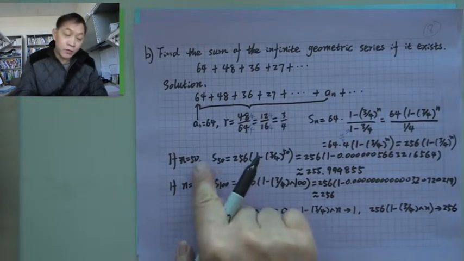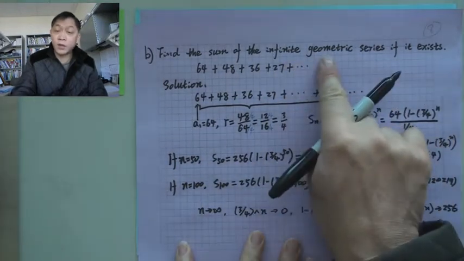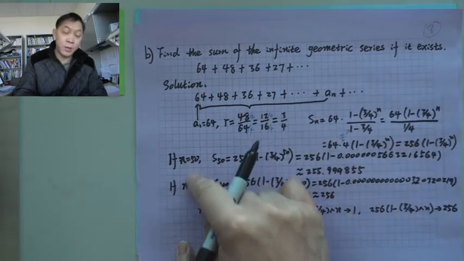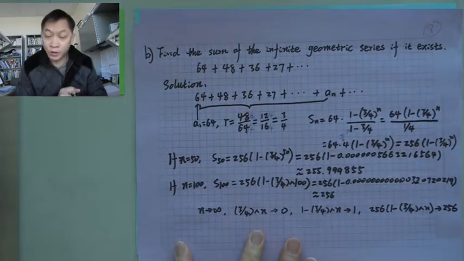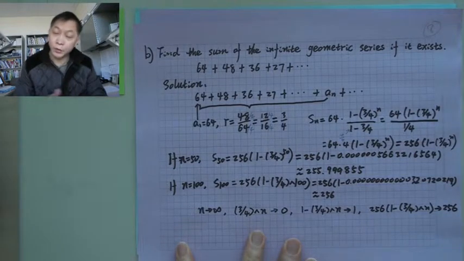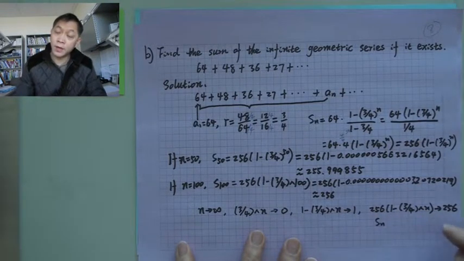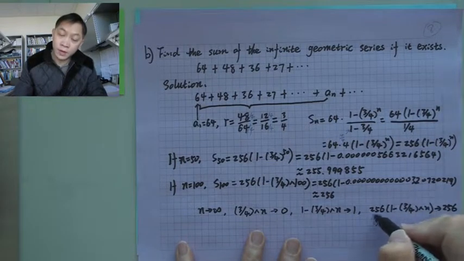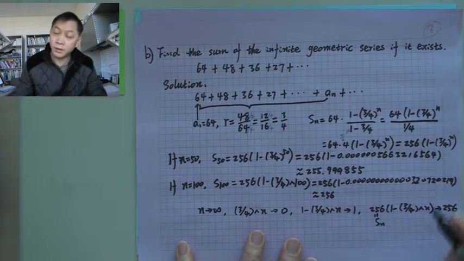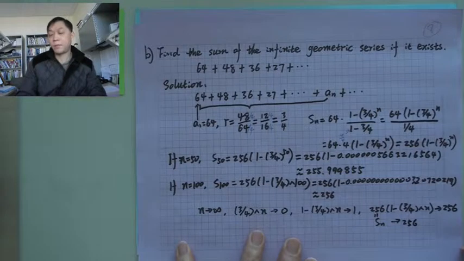Well, this is n gets from 50 to 100, this is an infinite geometric series. So the number can increase infinitely. And then, the conclusion is that Sn, because upstairs is Sn, is going to approach 256.